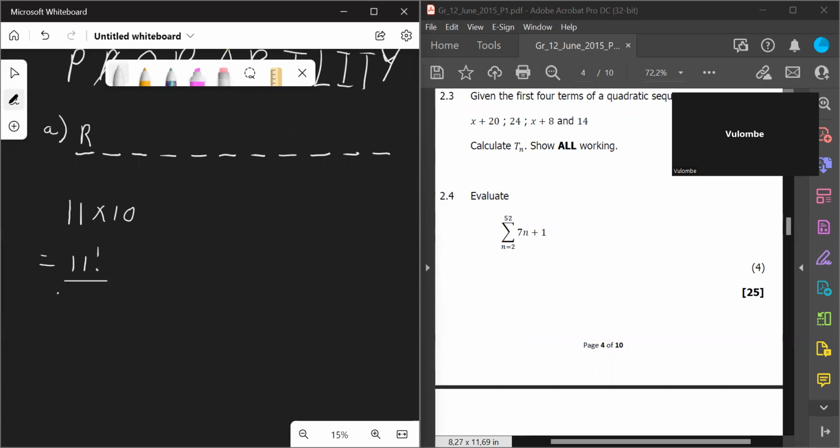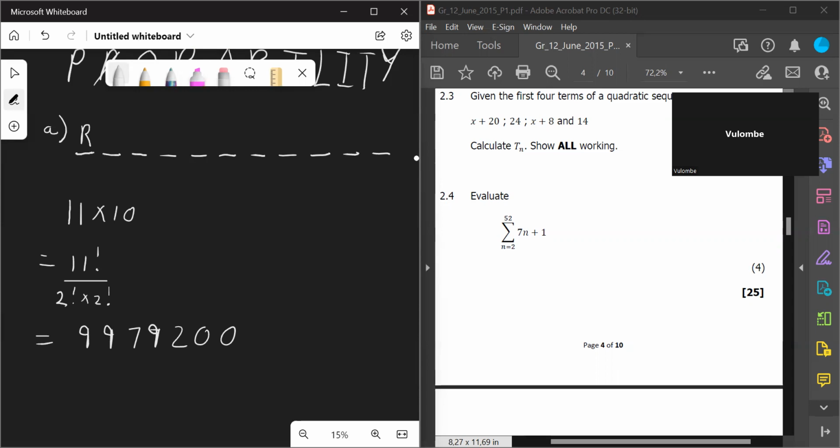So it's 11 factorial divided by 2 factorial times 2 factorial. That gives us 9,979,200.